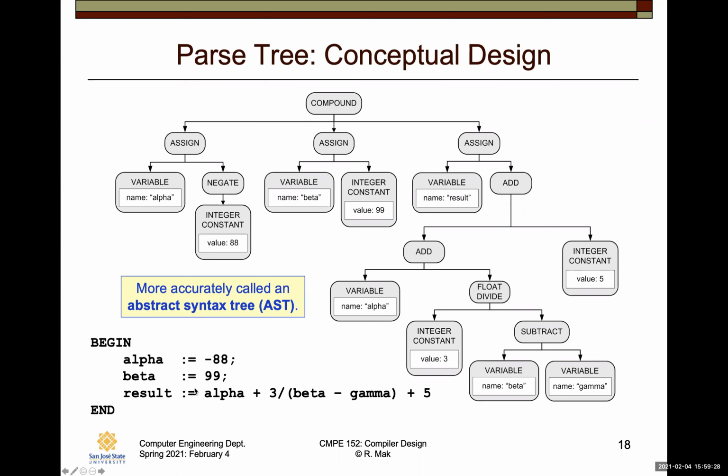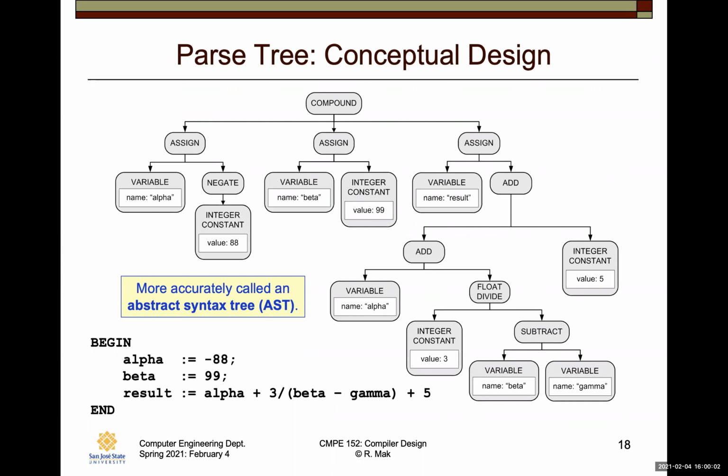So it's getting these tokens one at a time, but then it has to recognize that, oh, this is a compound statement, and here are 3 assignment statements, and here's an expression, etc. So as the parser is translating, it's going to build this parse tree. And then, of course, in the back end, the code generator or the executor will get a hold of this parse tree and then do whatever the back end needs to do. Okay, so this is a parse tree.